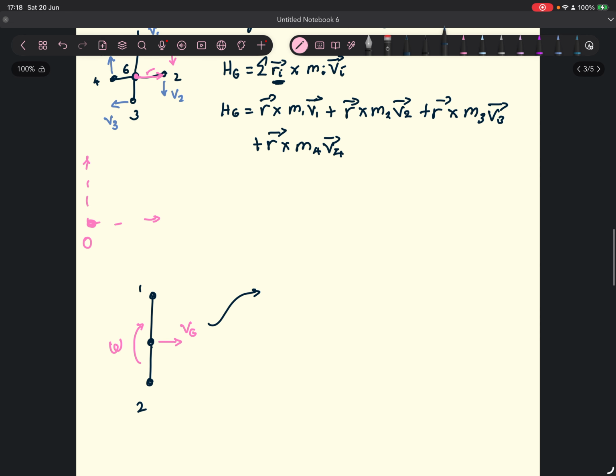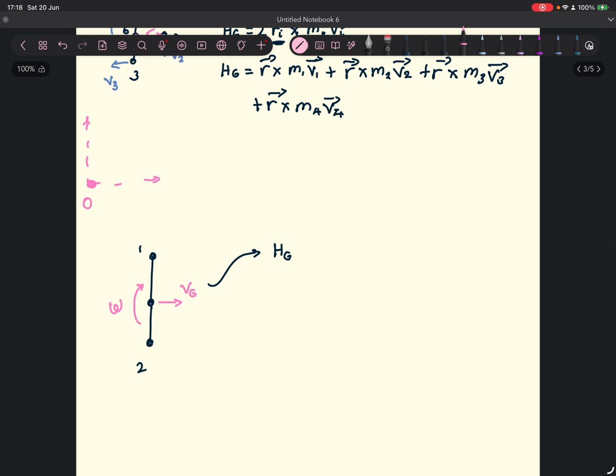So if we were to take everything about G, so we wanted to find the angular momentum about point G, we're basically taking the moment of momentum about point G. Yeah, hopefully that makes sense.